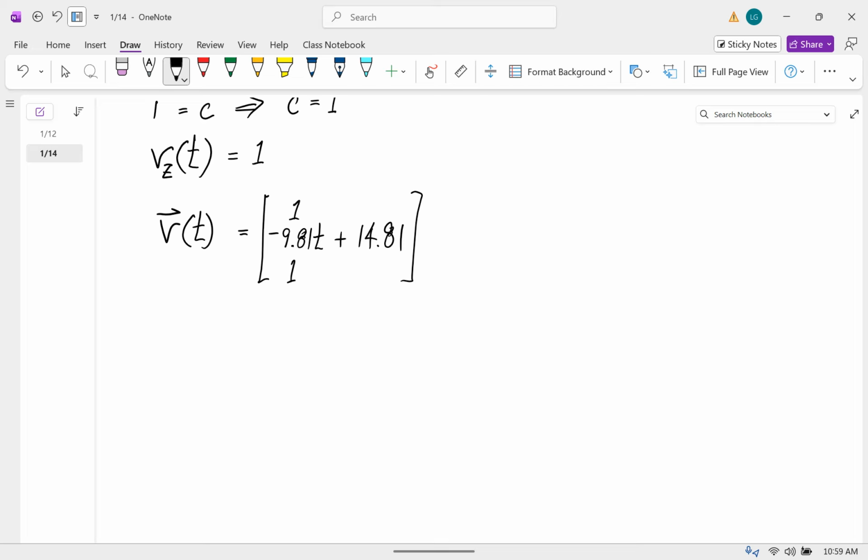And now if we're going to calculate the position function, we have to do another step. So the next step is to find the position vector as a function of time.